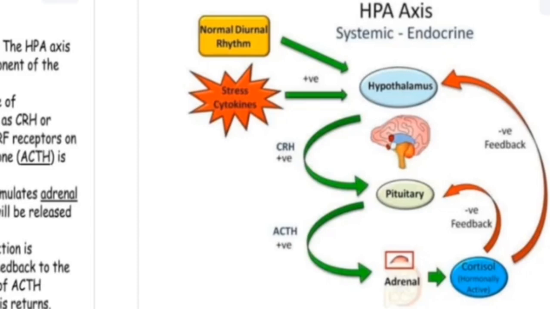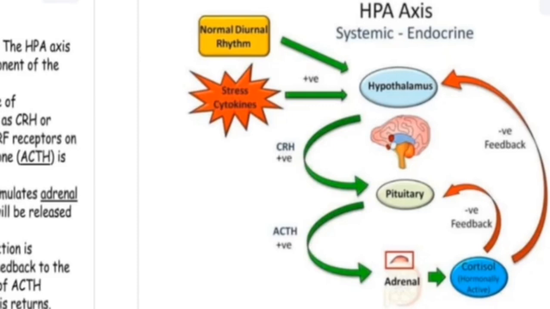You say, when the concentration of cortisol has gotten to the maximum, then the excess cortisol sends a feedback inhibition message to the pituitary to stop releasing ACTH and also to the hypothalamus to stop releasing CRH. And with that, the entire axis is shut down and brought to normal. That is the explanation you will give.